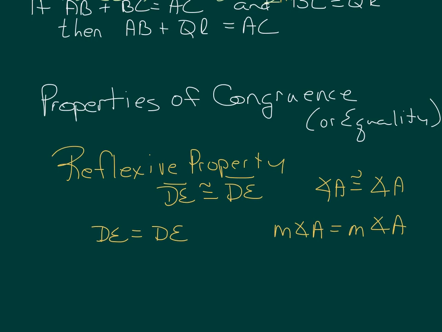Remember, when we're talking measure, we use equality. When we're talking about the geometric figure itself, or the part of the geometric figure, we use congruence. But the reflexive property can be used with either congruence or equality. All right, the symmetric property.